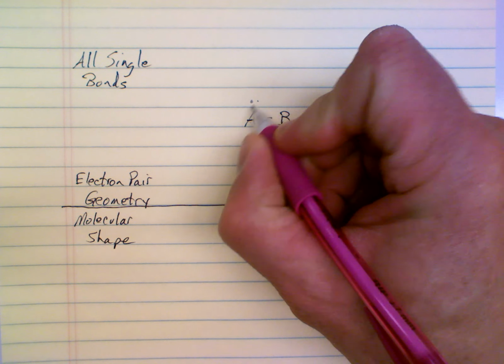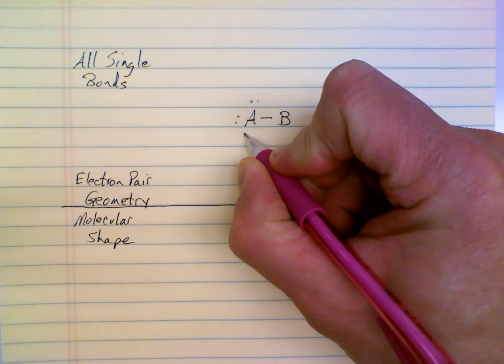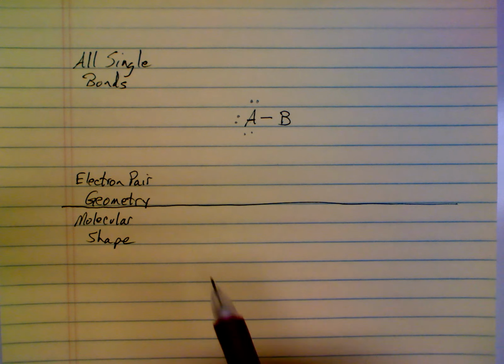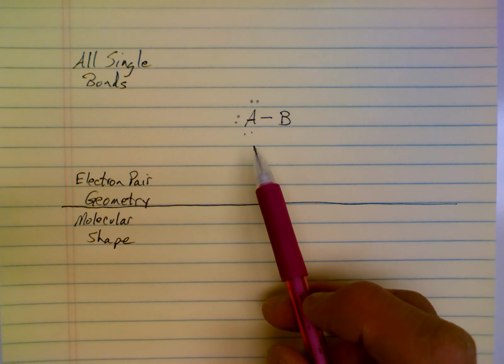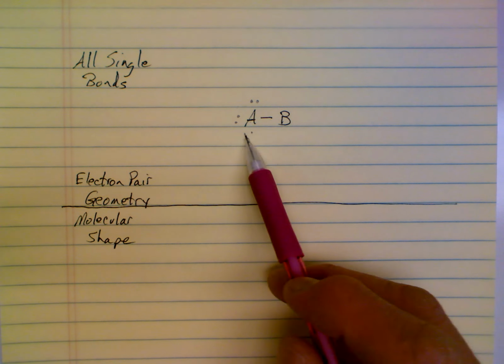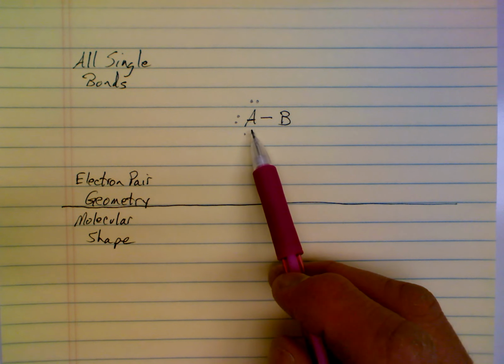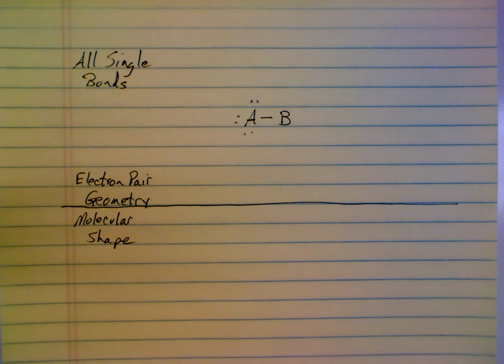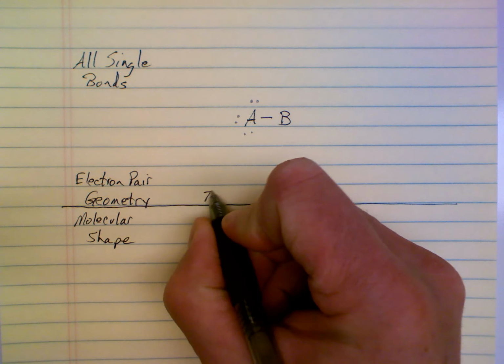So we have an unshared pair, and an unshared pair. When we have that situation, our electron pair geometry would be tetrahedral. So when you have four pairs of electrons coming out from that central atom like this, the electron pair geometry is automatically going to be tetrahedral.